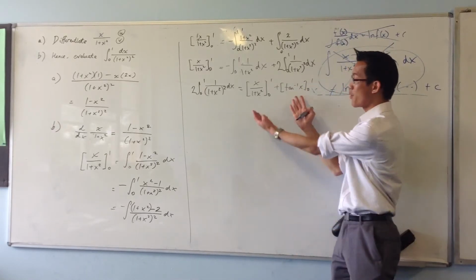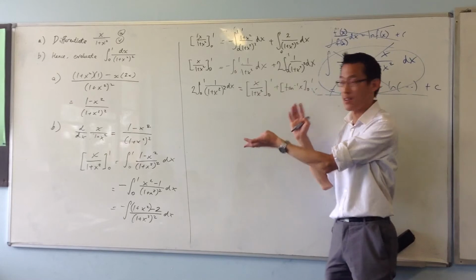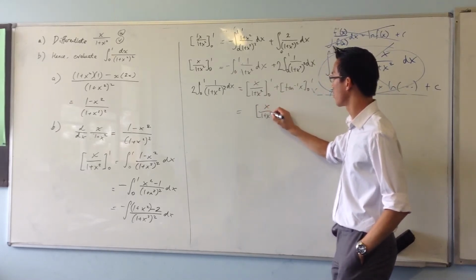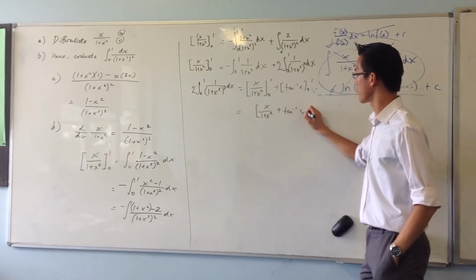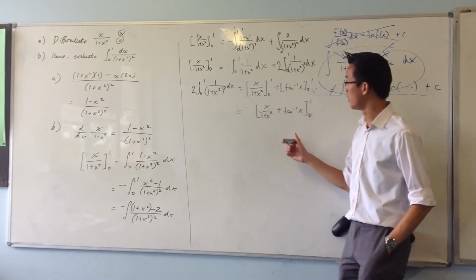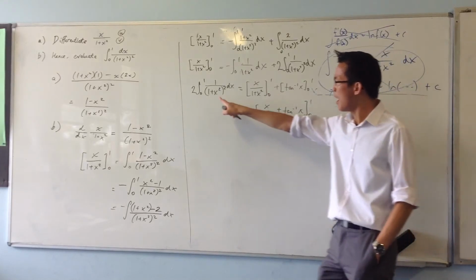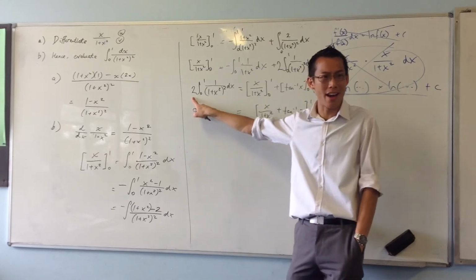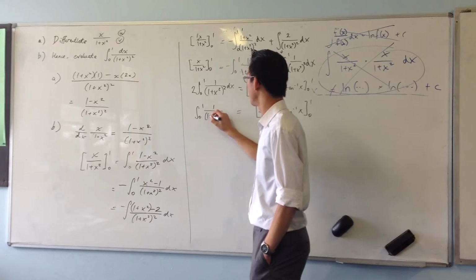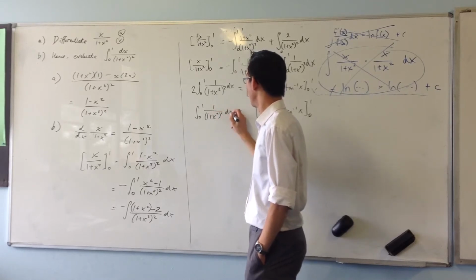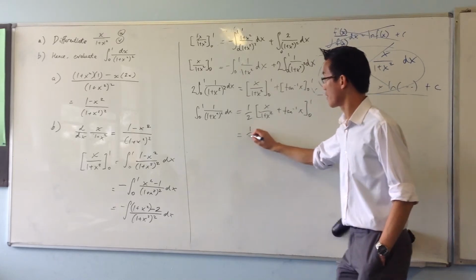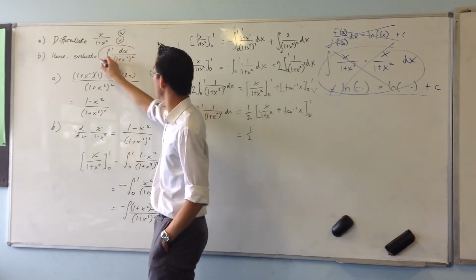Now I'm evaluating these two on the same boundaries, so I can write that as one function to evaluate from 0 to 1, because those two are equivalent. I've got double what I actually want, so I might as well divide by 2 at the same time, which means there's a half there. Left-hand side's fine. That's actually what I was after.